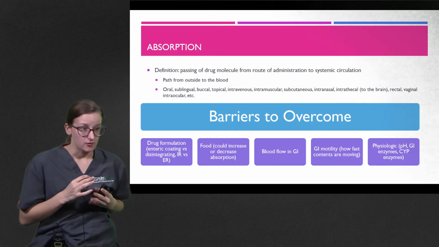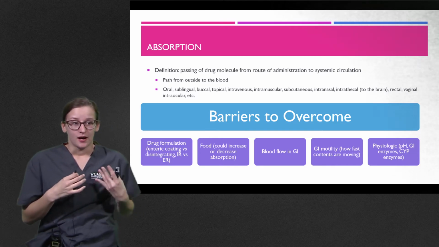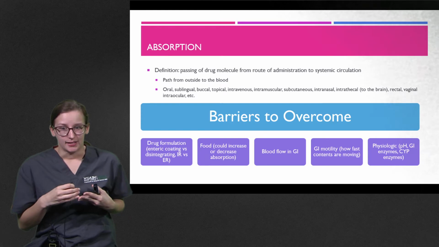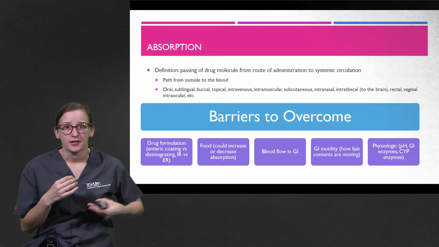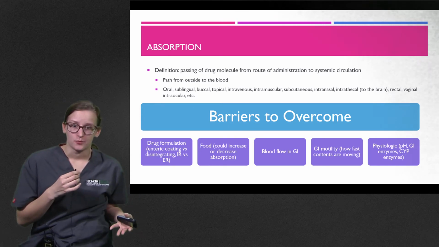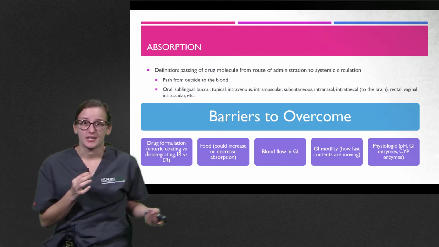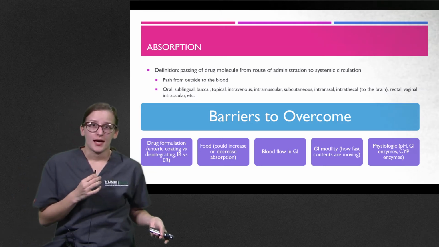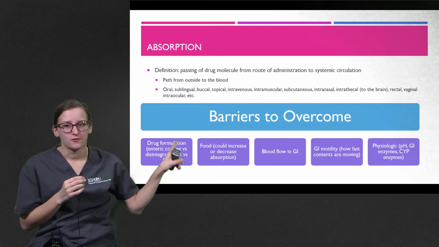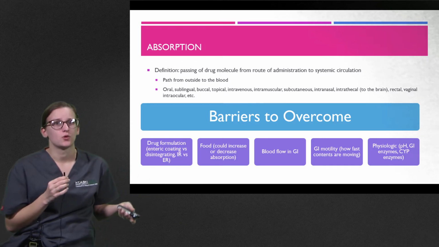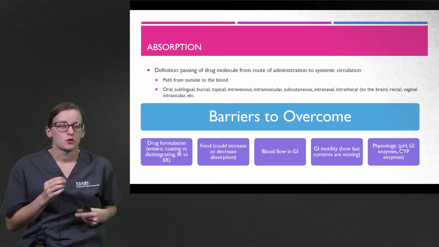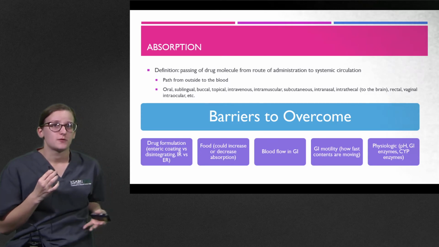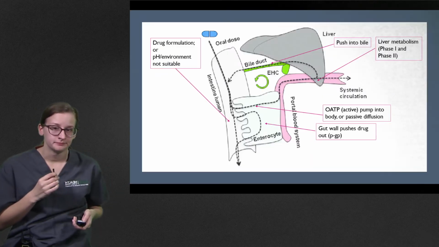Anything ranging from our physiology, meaning our gastric acid content, our epithelial cells and how well they'll allow passage of different molecules, transporters, like if it's pushing it in or flushing it out. And then even the drug itself can have different formulations that will change how it's absorbed. So maybe it'll get absorbed in the small intestines, maybe we want it to absorb elsewhere, like in the colon.